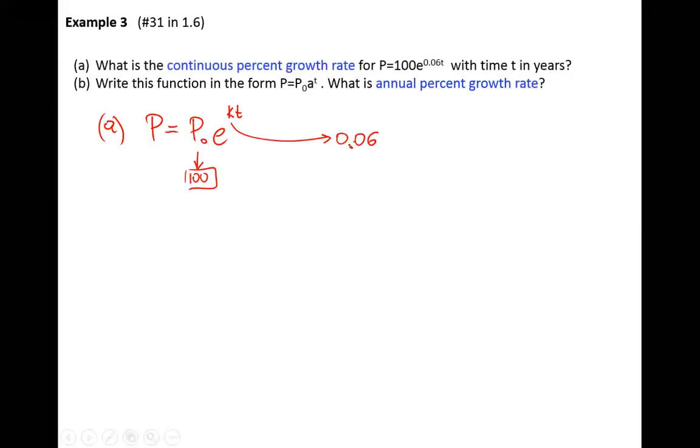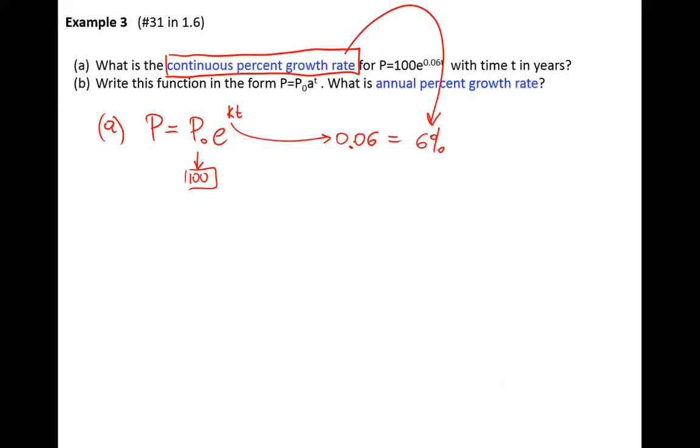In this case, this is the continuous percent growth rate. I can actually write this as 6%, maybe that's better, because we know we're dividing by 100 when we use it in the equation. Percent is just dimensionless, it's not really a unit. But 6% is the continuous percent growth rate.